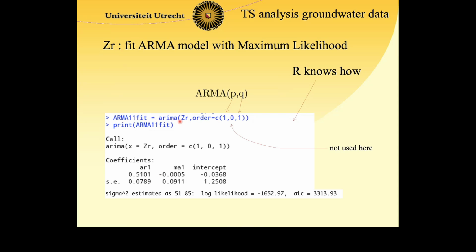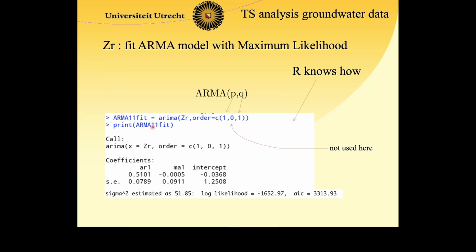That's a command. This is the time series that goes in, and then the order. And we say we're fitting here an ARIMA 101 model, which means, because we're using 0 here, we don't do any differencing. And we don't have to do any differencing because we already removed the trends and the periodicity, and we are directly working on the residuals.